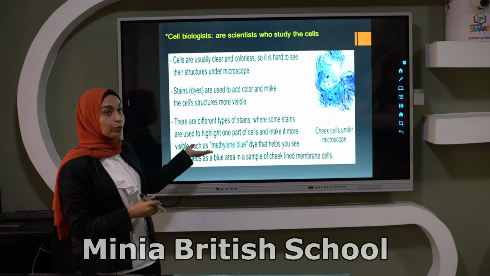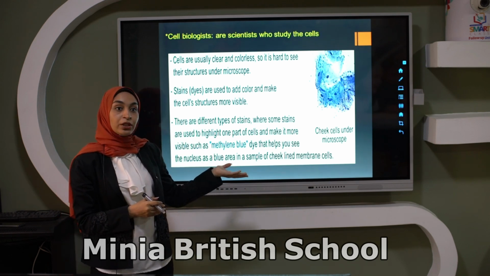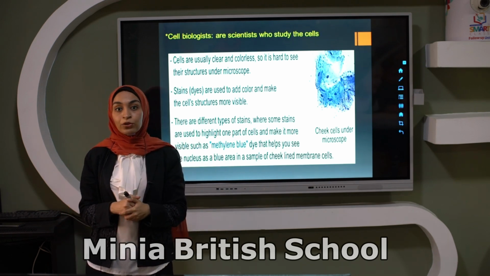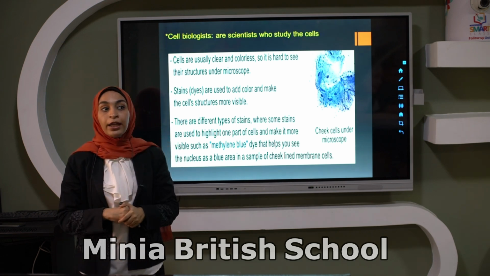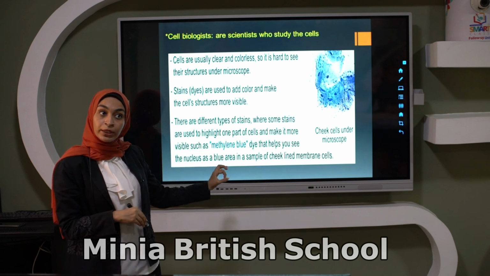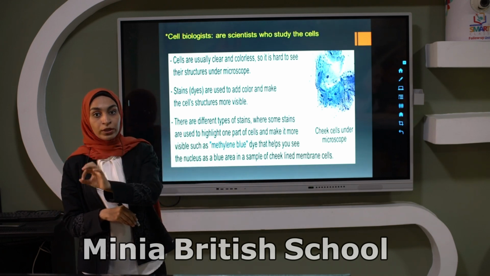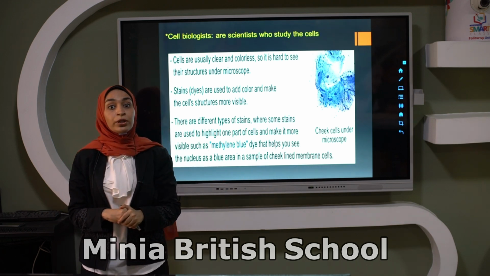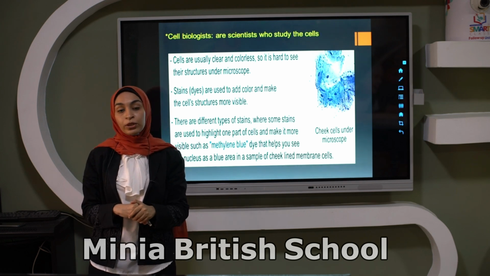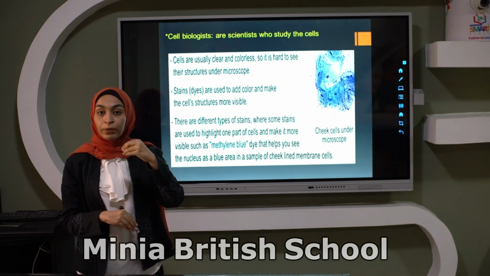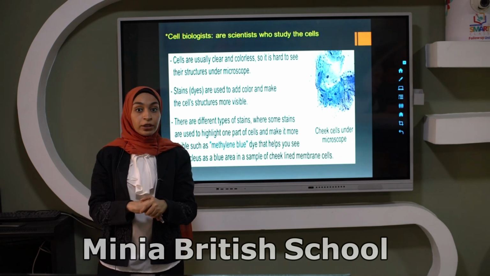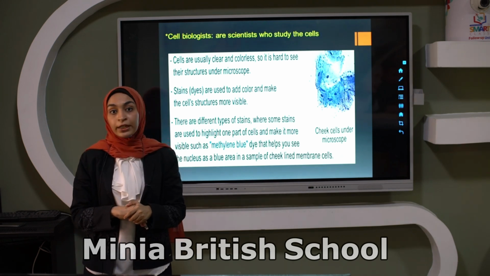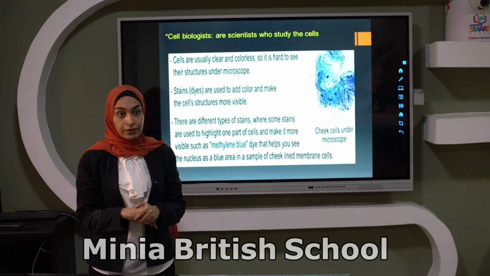Like the methylene blue dye, or the methylene blue stain, that we can add to the nucleus to make it blue and more visible. At this moment, I can see the nucleus with a blue color. So each organelle here has its own stain or dye to make it more visible, as most organelles are clear and colorless.